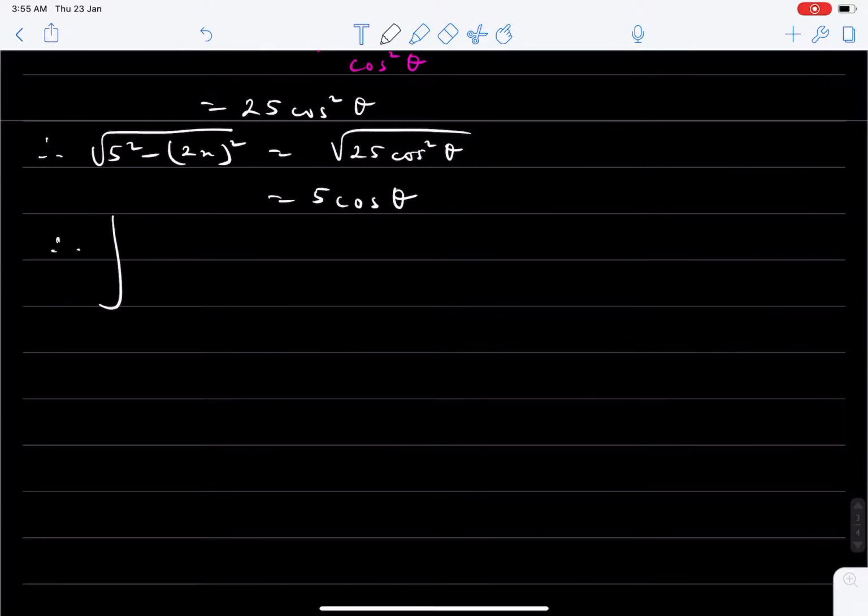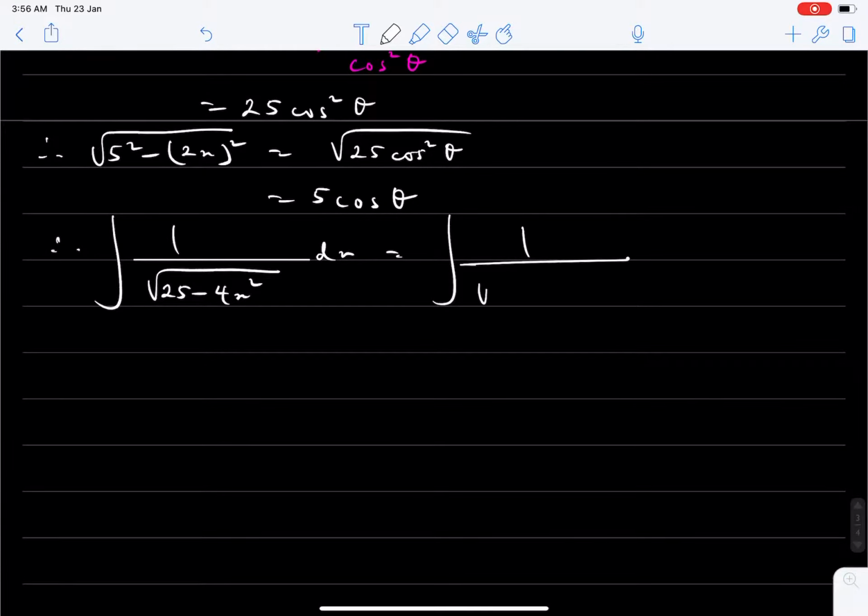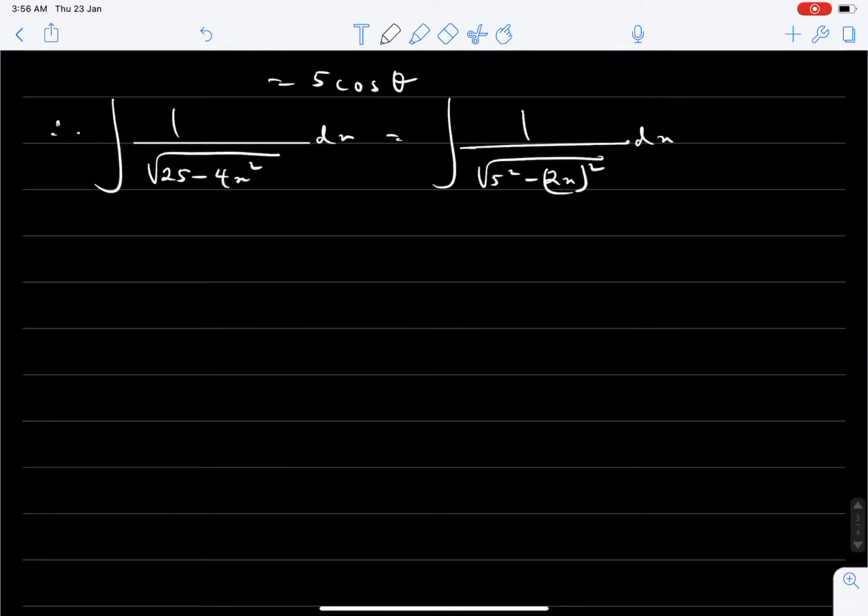Now we can rewrite the given integral, which is 1 divided by the square root of 25 minus 4x squared with respect to x, which we rewrote as the integral of 1 divided by the square root of 5 squared minus 2x squared with respect to x.